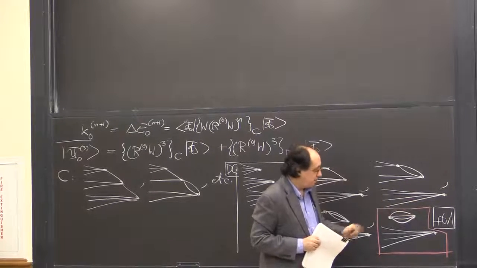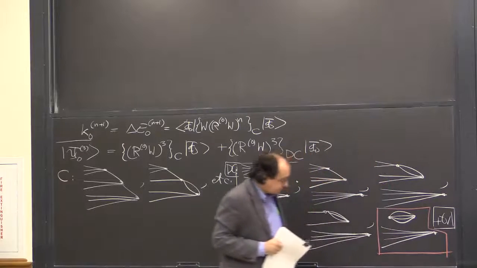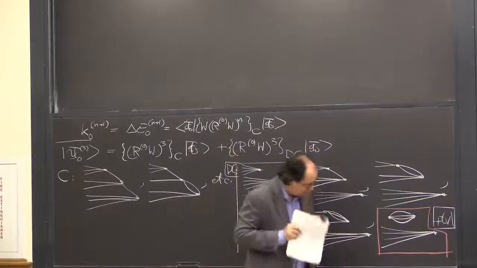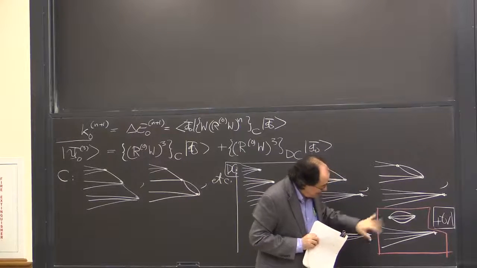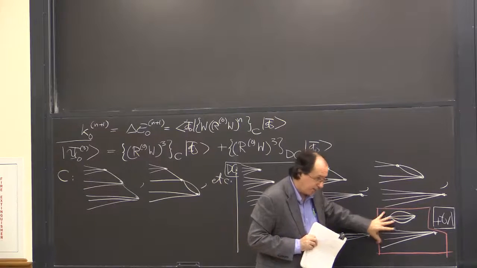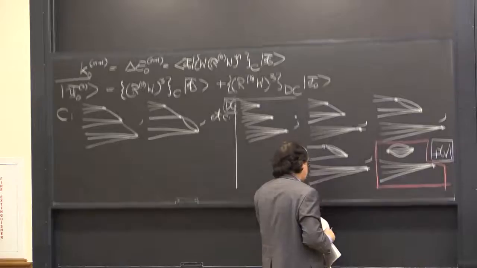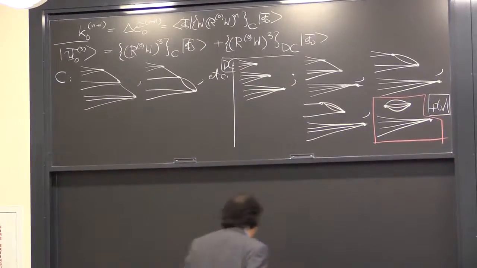Okay? So let's look at this diagram in greater detail. I said last time that this is an example of the unlinked diagram. So we introduced a new term, unlinked diagrams.